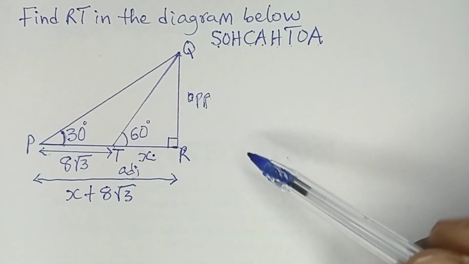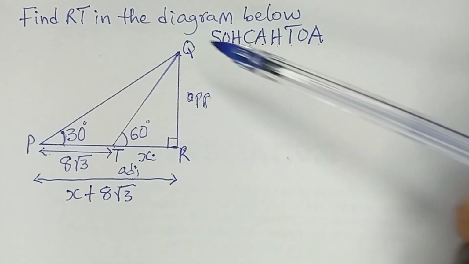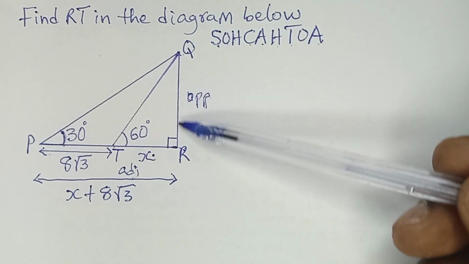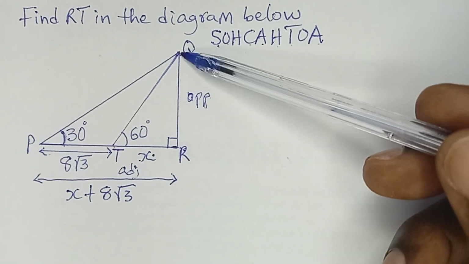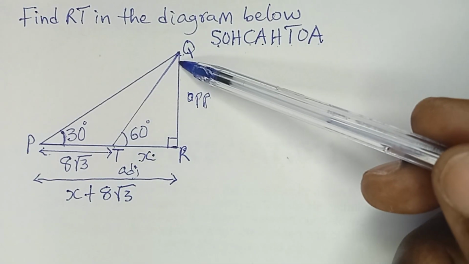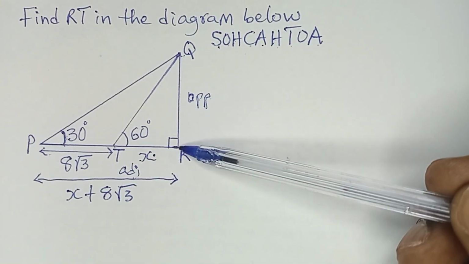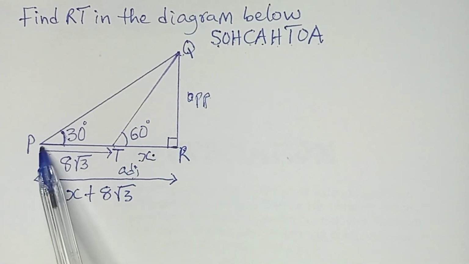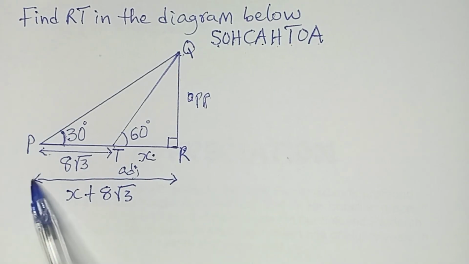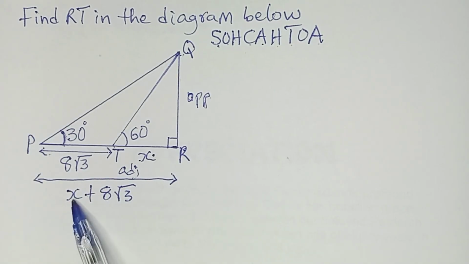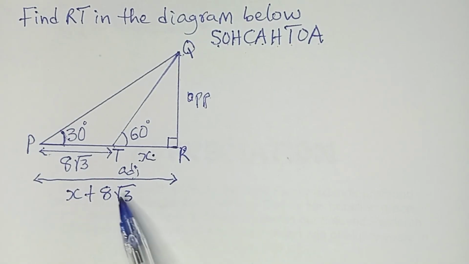So we are looking for the opposite side, which is common to the two triangles, and we know the adjacent side, even though it is not fully known, is X plus 8 root 3.